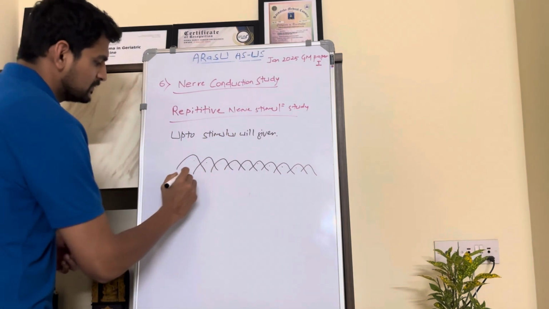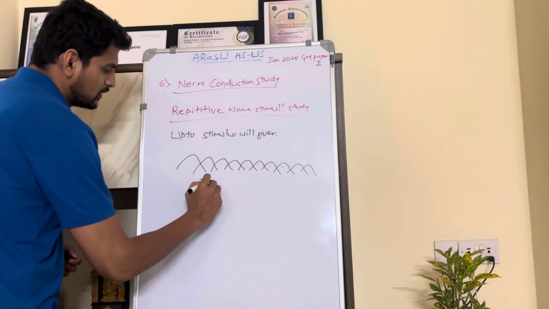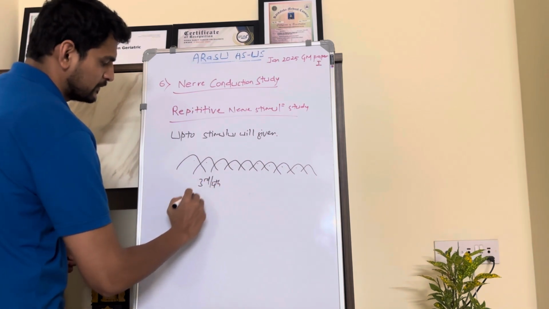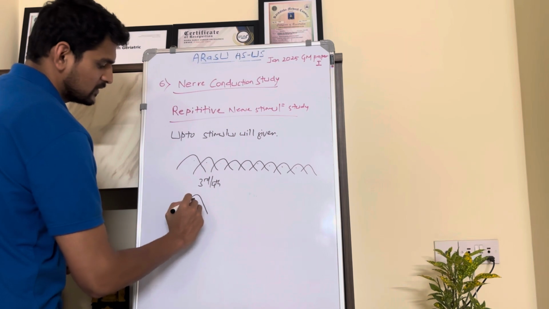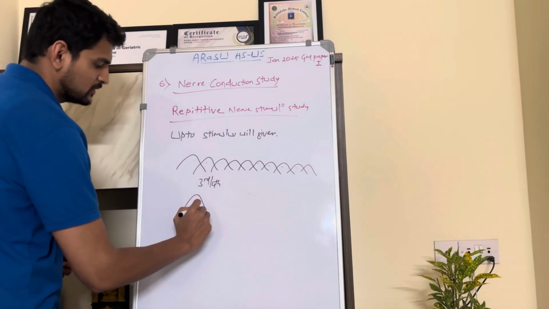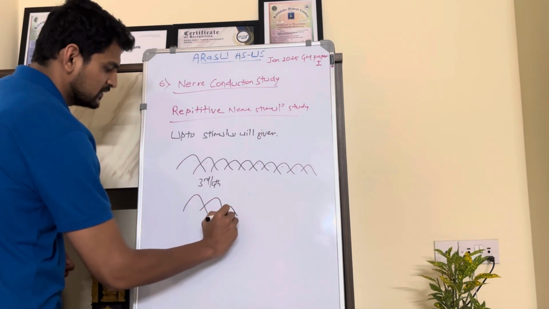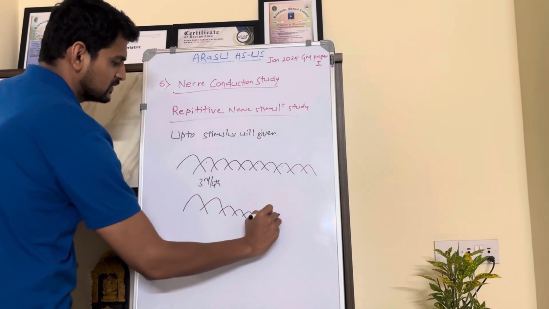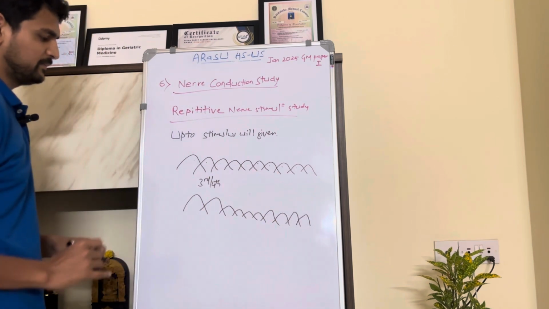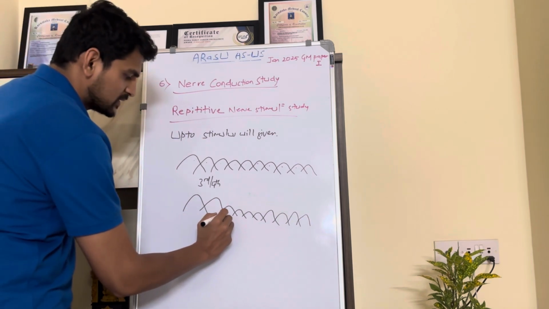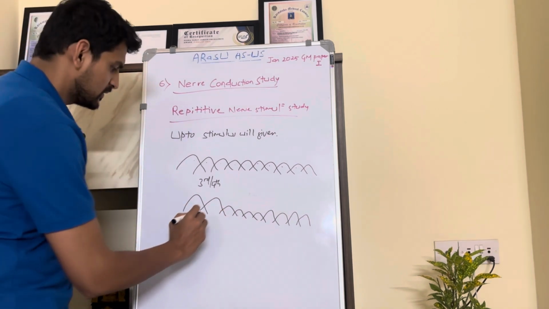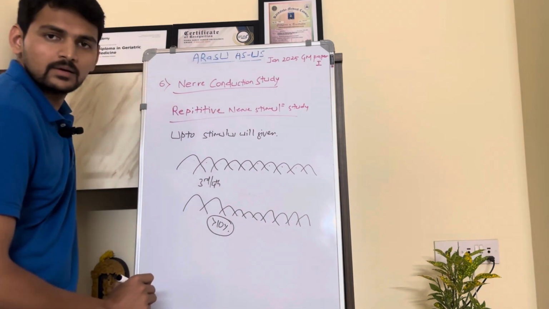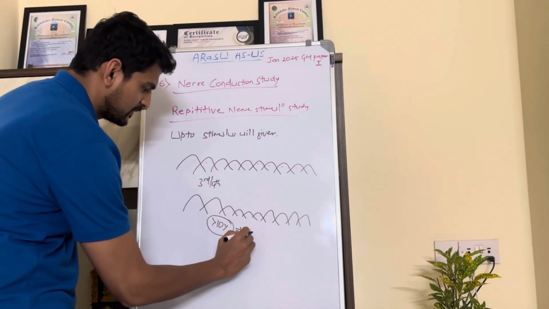Suppose after some third or fourth stimulus, the response falls. For example, the first stimulus led to this much of a response, the second one too, but the third one was like this, the fourth one was like this, the fifth, sixth, and again at the end it recovered. So at the third or fourth stimulus of the train, if the response falls by more than 10%, it is significant.